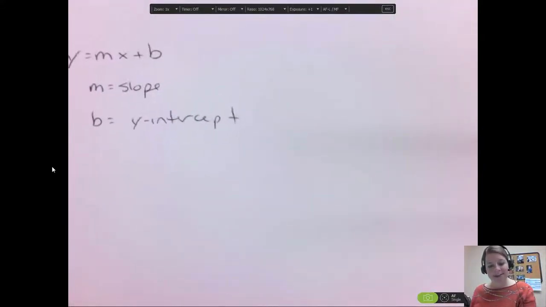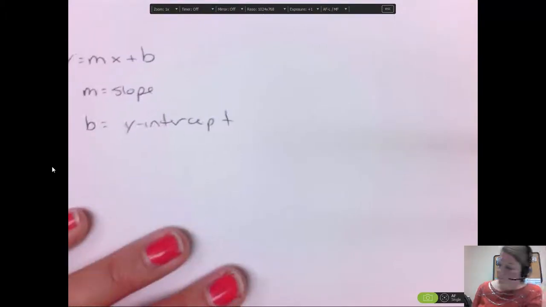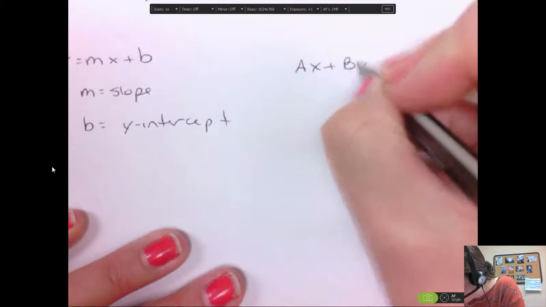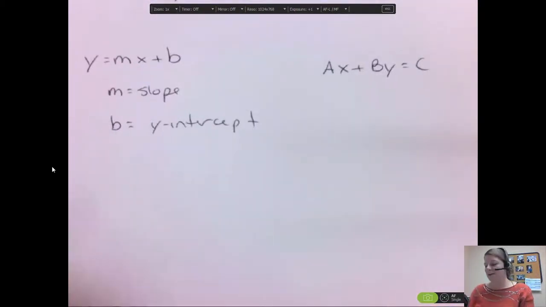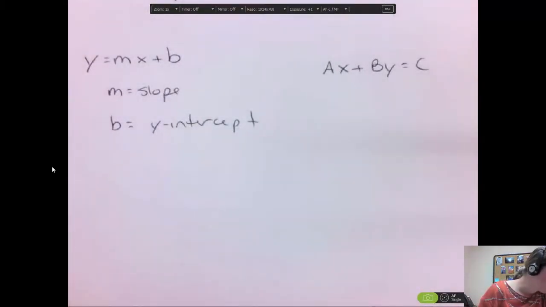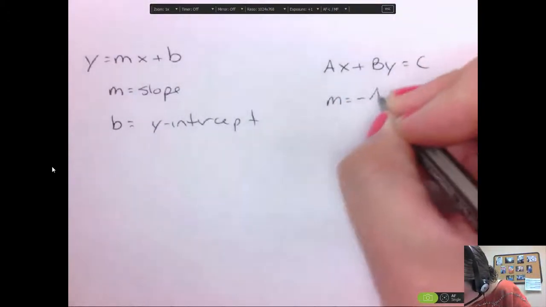What if it's in standard form? That is ax plus by equals c. So those are our two main forms. We have slope-intercept and standard form. If it's in standard form, your slope is going to be negative a over b.